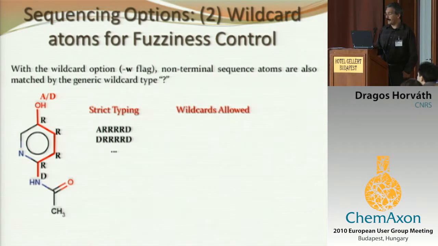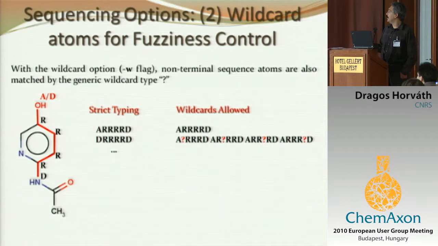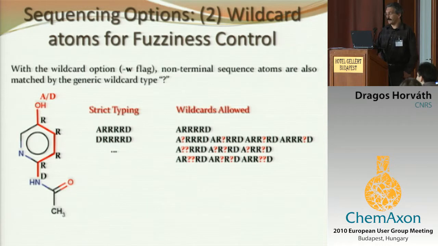But if we turn wildcards on, then the sequencing will produce the strict match, of course, and then it will allow each atom in the sequence to count as a joker, and each pair of atoms will be replaced by jokers and so on and so forth. Except for the terminal atoms, everything can be replaced by a joker.